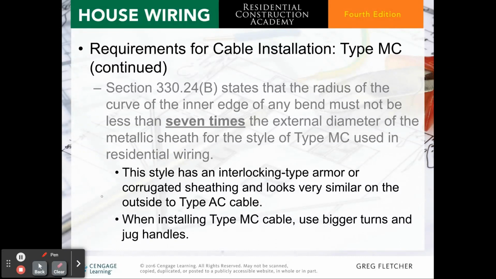Section 330.24(B) states that the radius of the curve of the inner edge of any bend must not be less than 7 times the external diameter of the metallic sheath for the style of Type MC used in residential wiring. So as a quick review, for Romex you need 5 times, and for AC you need 5 times. For MC it needs to be 7 times.